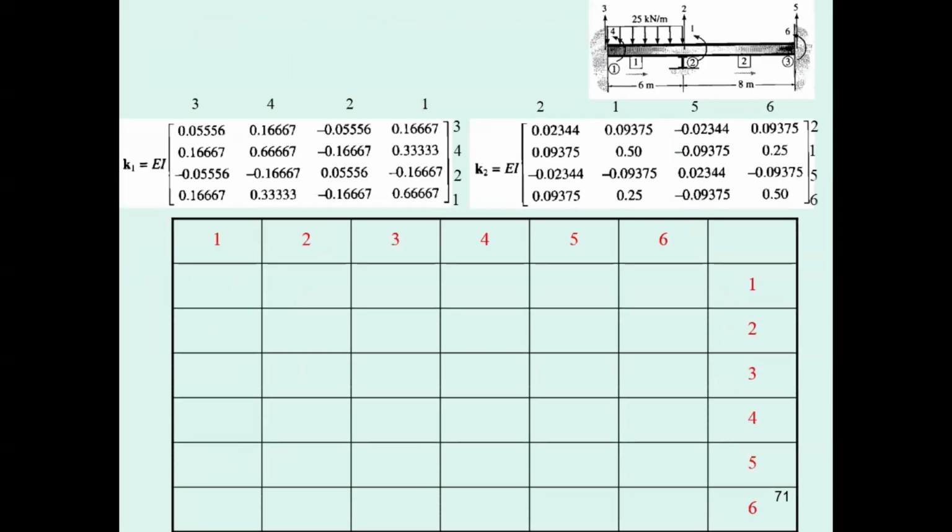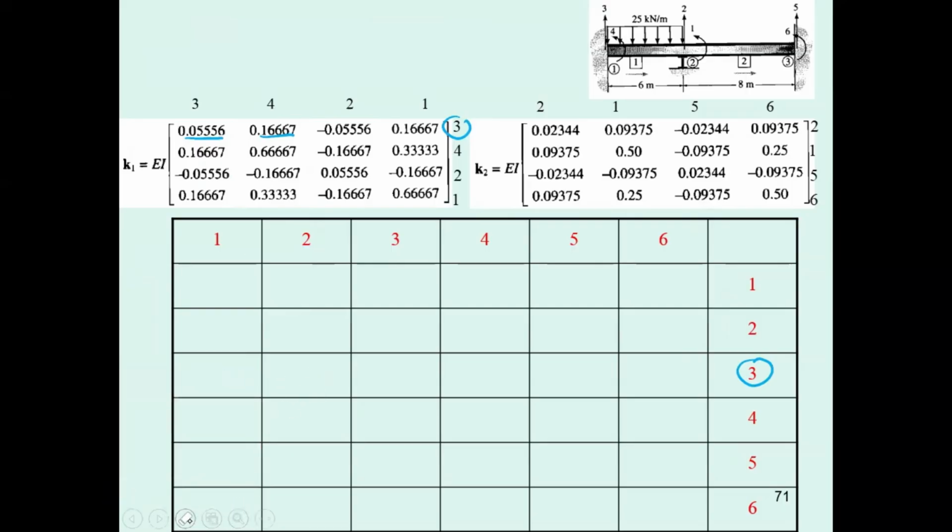Putting them together, start with number 3. Okay, with what? Taking this one, 3, 3. Taking this one, 3, 4. Wrong, Ajahn? Yes, I'm wrong. That is not correct.